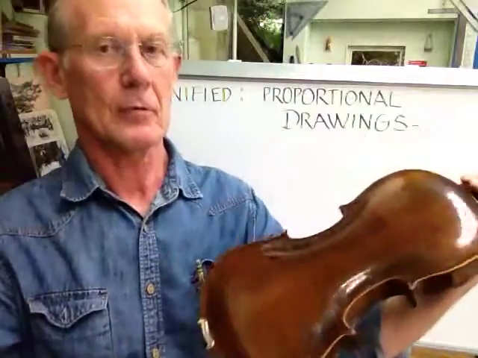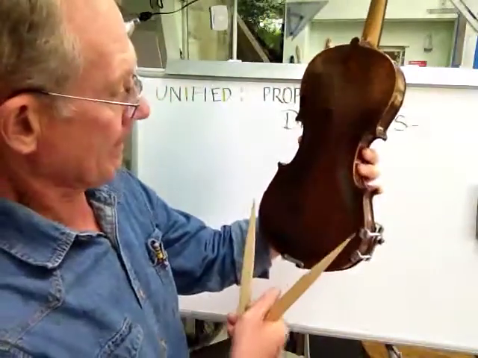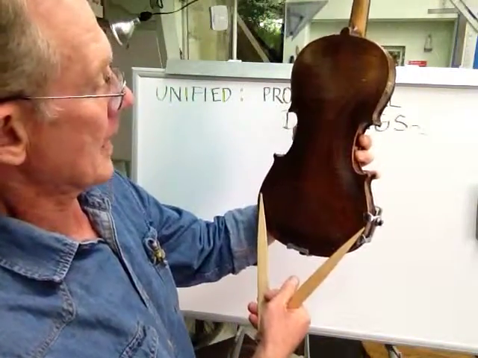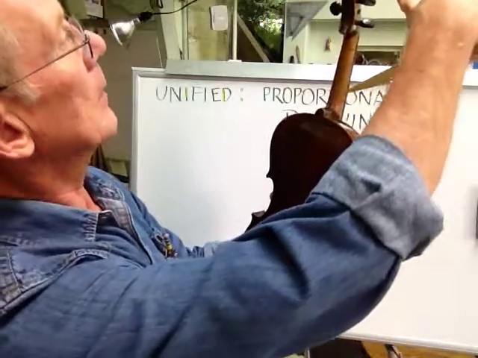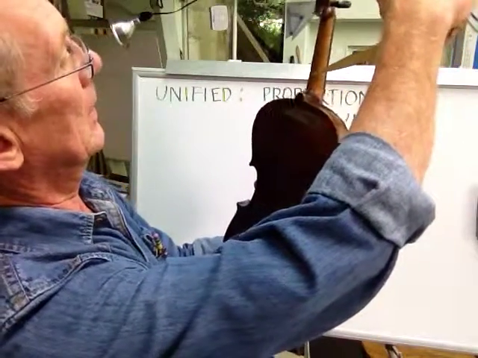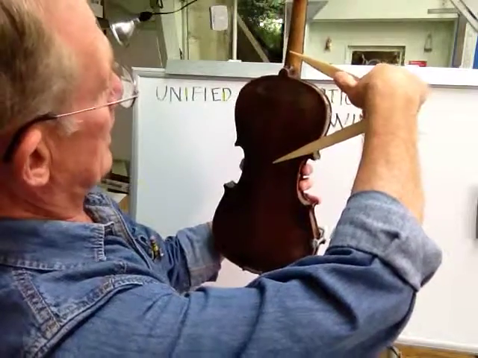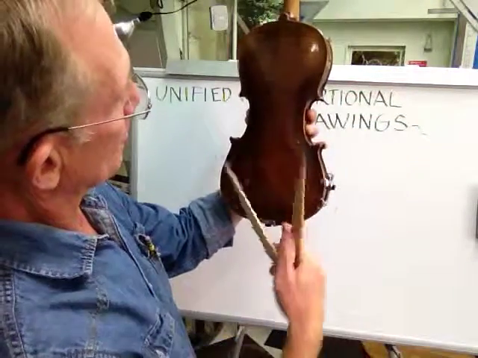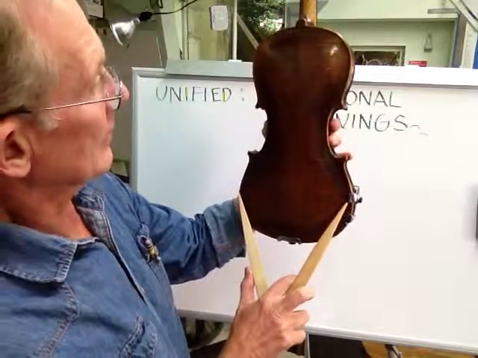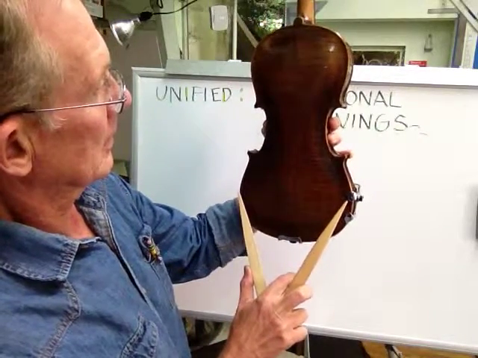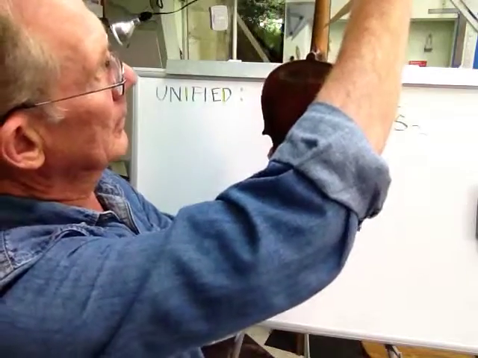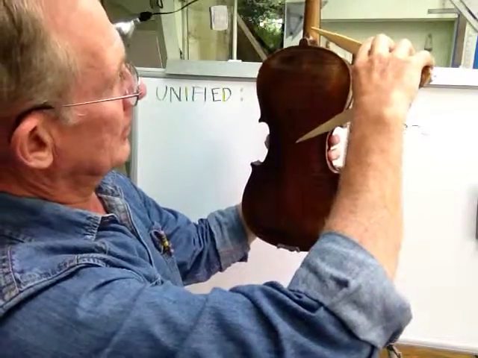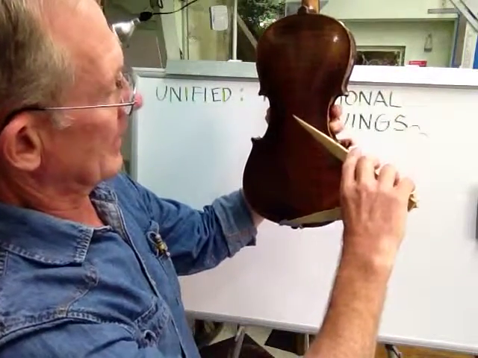Ooh. Let's try this one over here. I'll measure that, and then I'll go from there to there, and from there to there, and from there to there. Okay, well, I know that one of these is almost equal to the length of that violin.